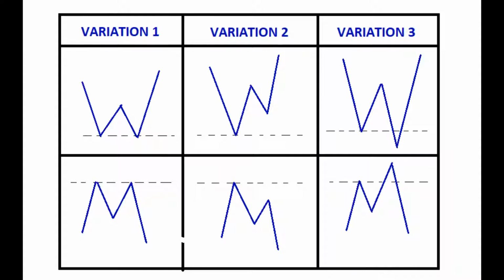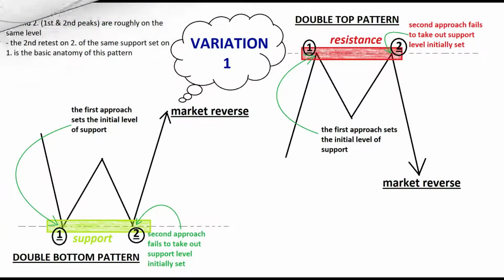Now, we have 3 most common variations of the double bottom pattern. Don't worry, I'm going to explain why each of the variations looks the way it looks. The first and easiest to identify is the one where the first and second peak are roughly on the same level, like this. This variation shows us that the level of support or resistance set following the first peak is strong enough that even the second peak could not exceed it.